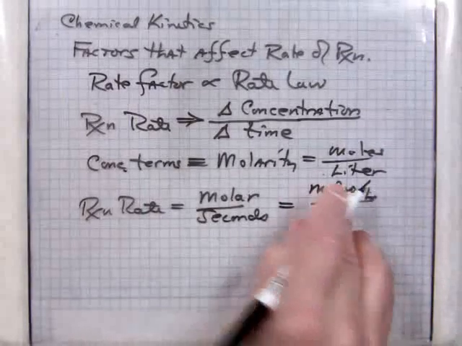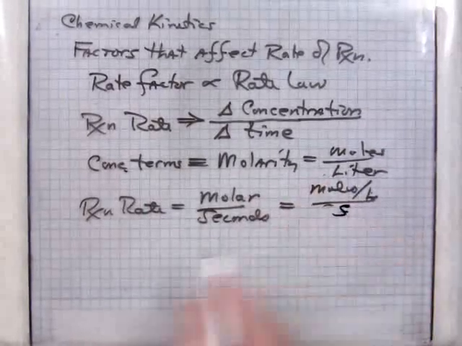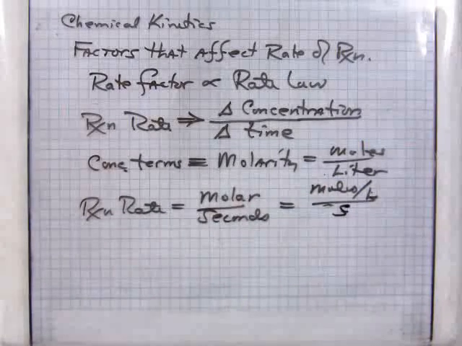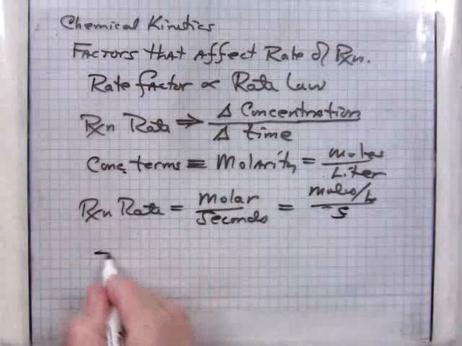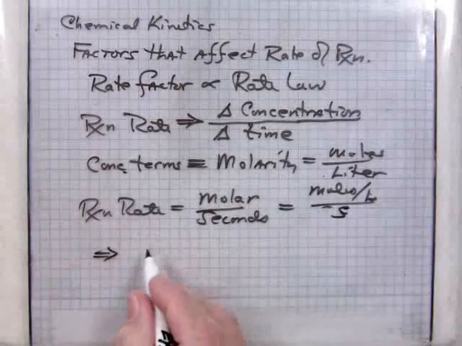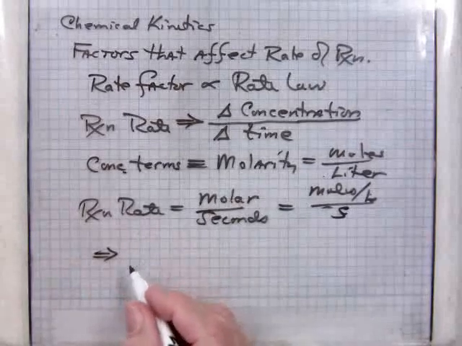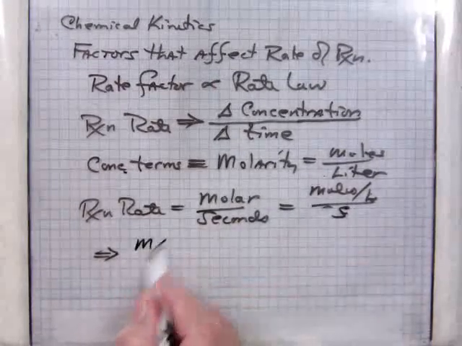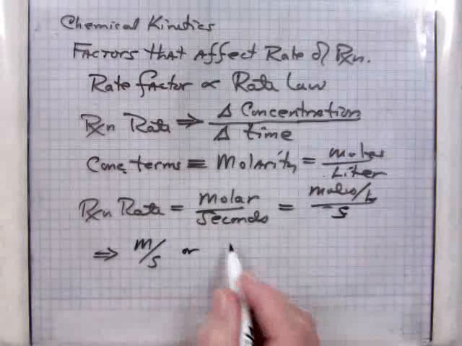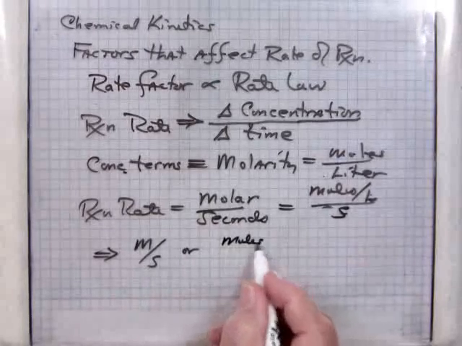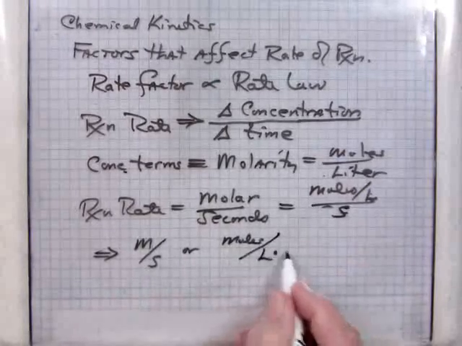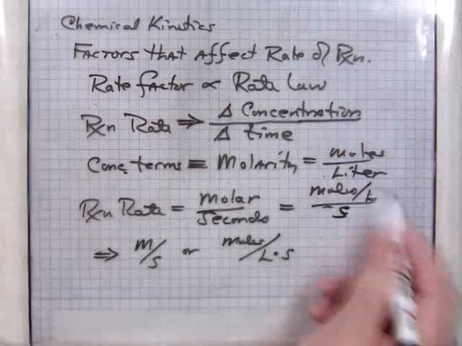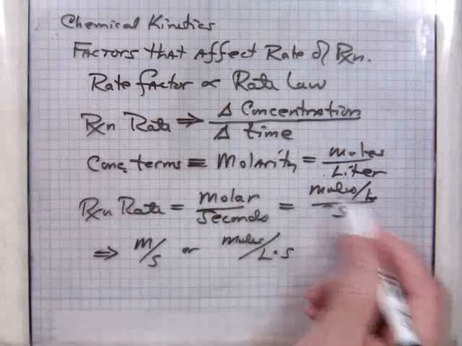Now, what you'll find in the data, and you'll see this as we get into it, is a unit of rate will be molar per second, or moles per liter times seconds. In other words, this has just been inverted and multiplied back into the numerator.